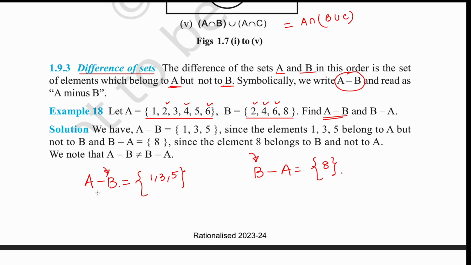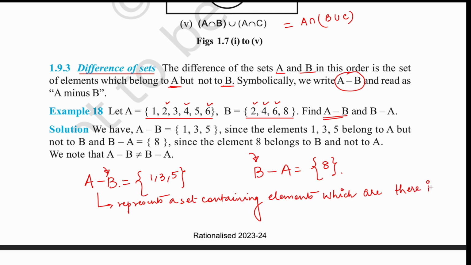So that means this A minus B represents a set containing elements which are there in A but not in B. Right?